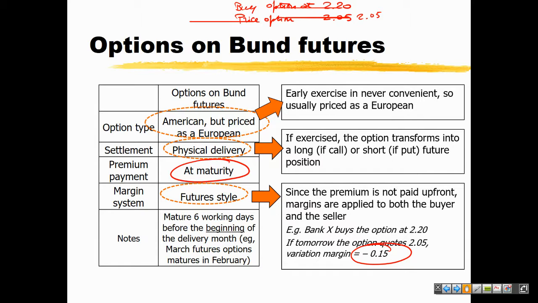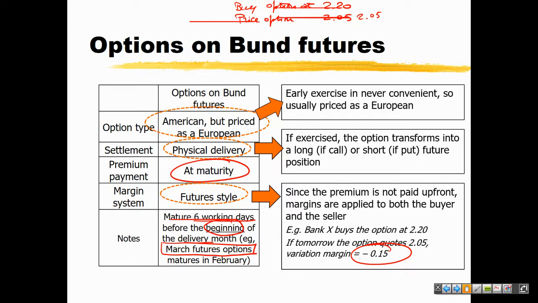Incidentally, as a very minor note, this is not relevant, it's just to understand my examples. Please take note that the maturity of this contract is 6 working days before the beginning of the delivery month. So when you see March future options, and you ask anybody on the street when does a March future option mature, everybody would tell you in March. Actually, March does not refer to the option, it refers to the future.